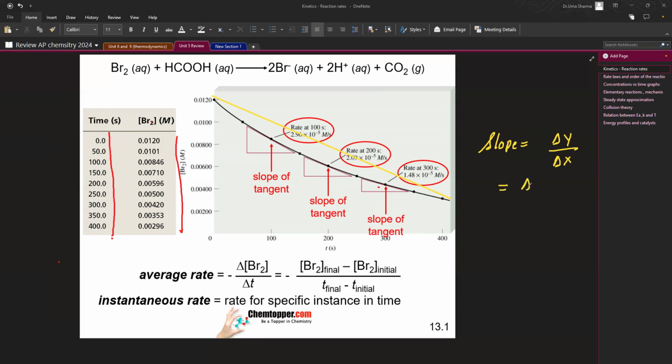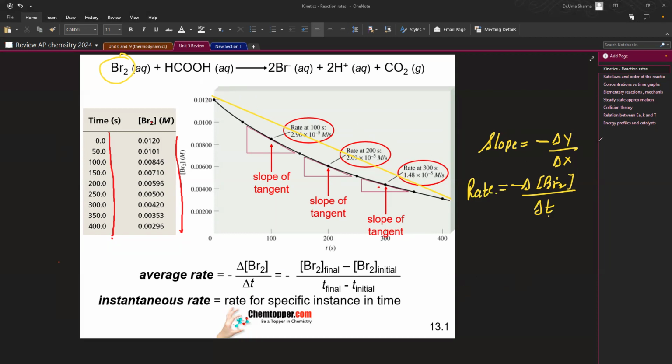What is delta y? Delta concentration of Br2 over delta T. That is the rate of Br2, change in Br2 per unit time. The slope is negative, you can see the line is negative. But that's the definition of the rate.